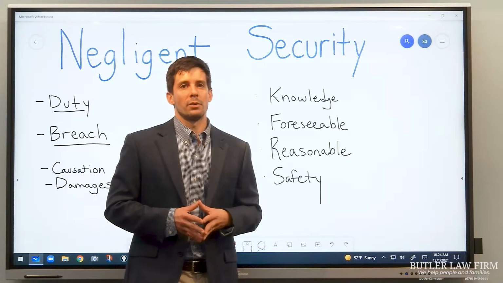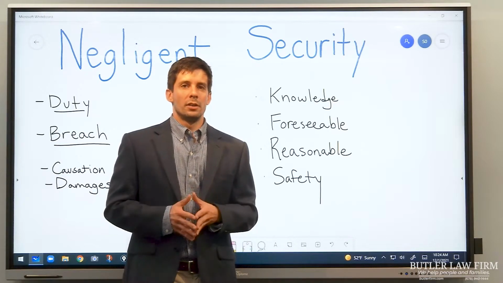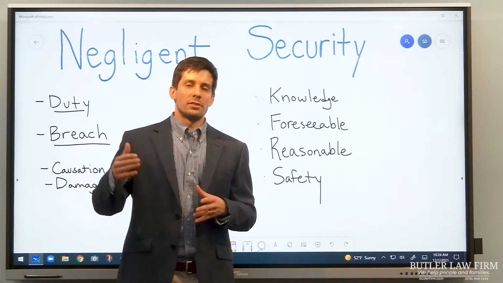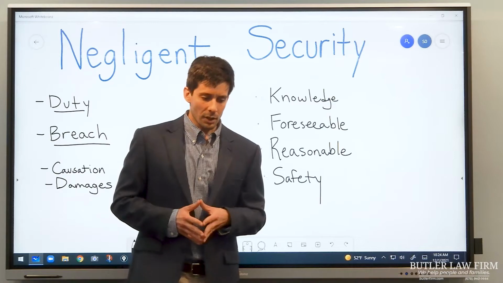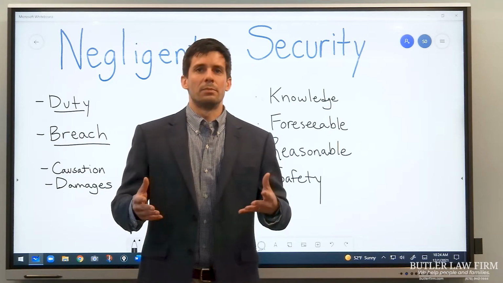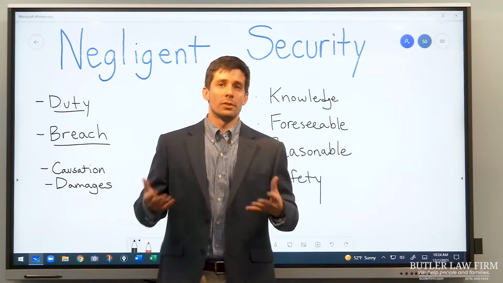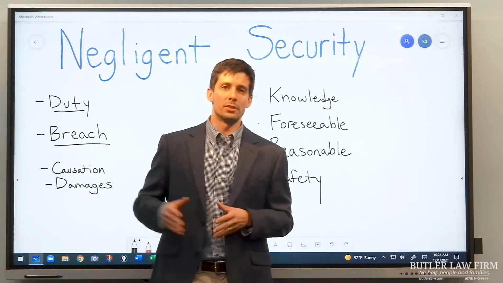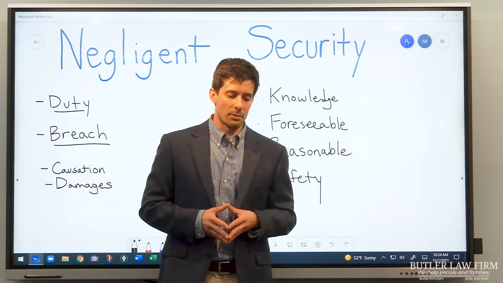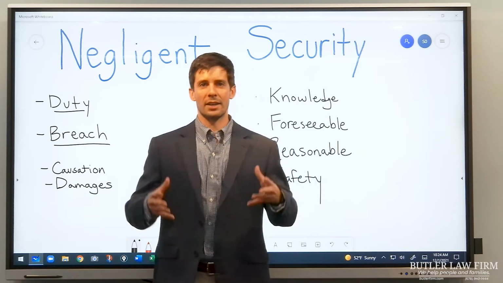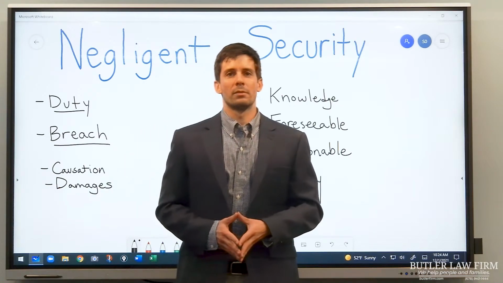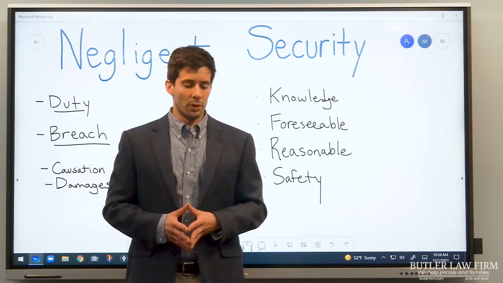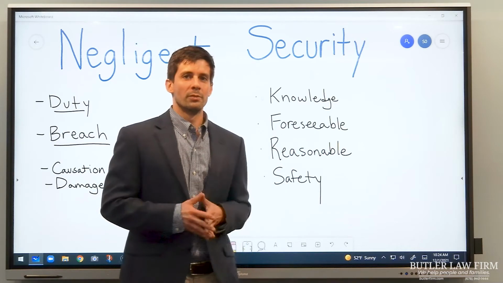And that's often how these cases are proved, through showing that there was a pattern of prior similar crimes that should have led this business owner to at least take certain steps to ensure that folks on their premises are reasonably safe. Obviously, you can't insure against every possible bad actor out there, criminal out there. I mean, that's not what the law requires, but what the law does require is what's reasonable.